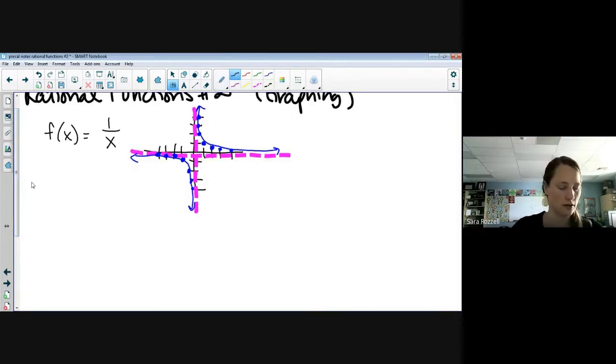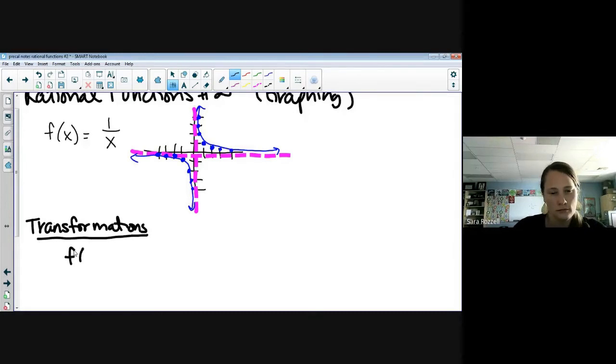So here's our transformations. You can have a plus or a minus in the front. Normally it's on the top of the problem, but it could be at the very beginning.